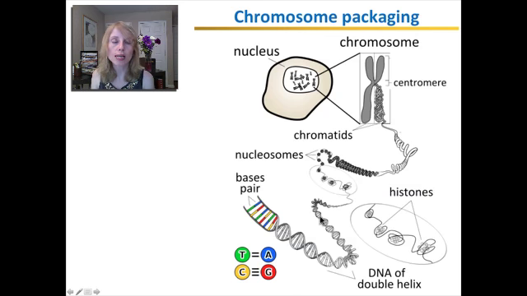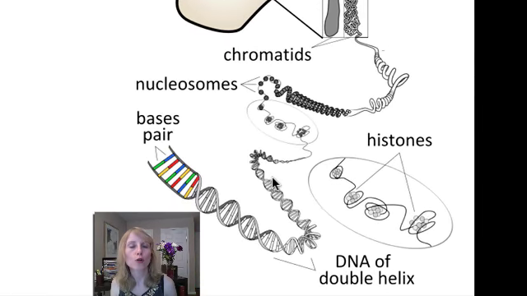So here, let's first take a look at how DNA gets packaged into chromosomes. A chromosome is basically one DNA molecule that has been wrapped around certain proteins and packaged around the proteins to be a more condensed chromosome. So let's follow this diagram from the bottom. Here at the bottom, you just have the basic DNA double helix.